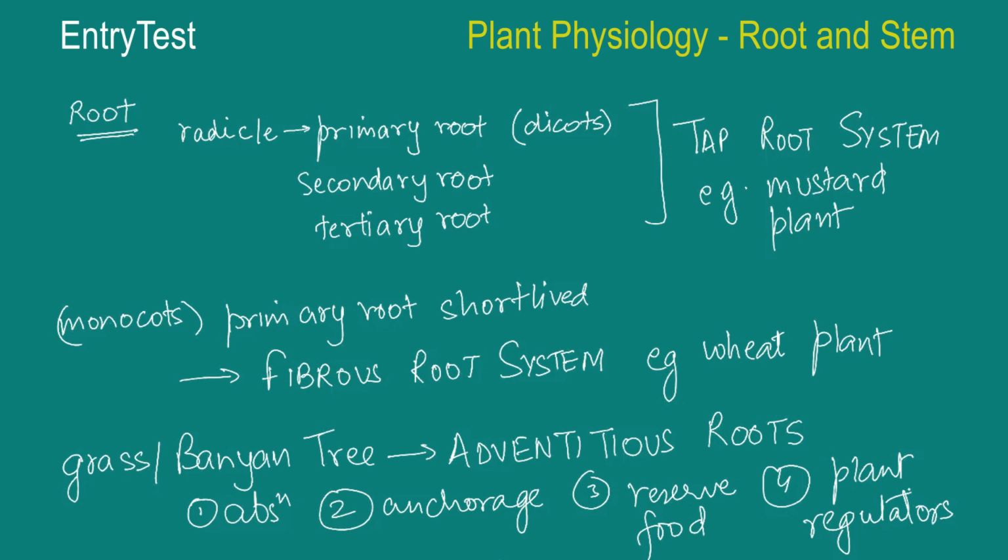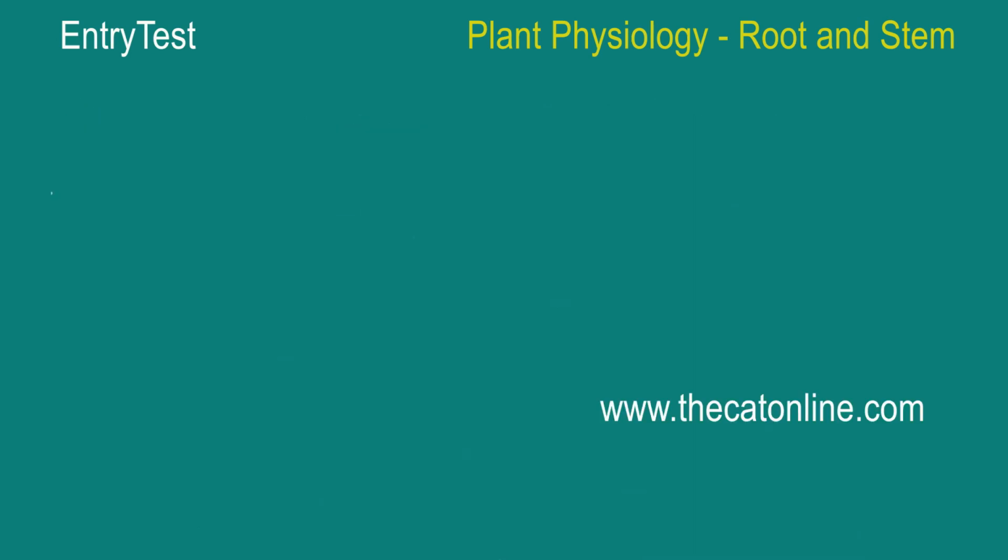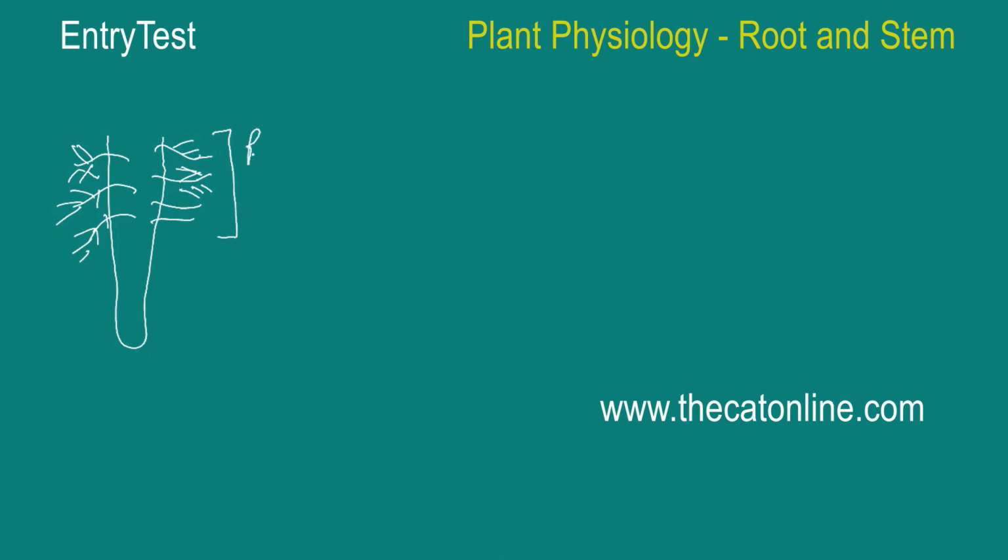The next thing that we have to do is the regions of a root. So let me draw a little diagram over here. Right, so these are the fibers coming out, the secondary roots and then the tertiary roots from the main root. So this is known as the region of maturation.